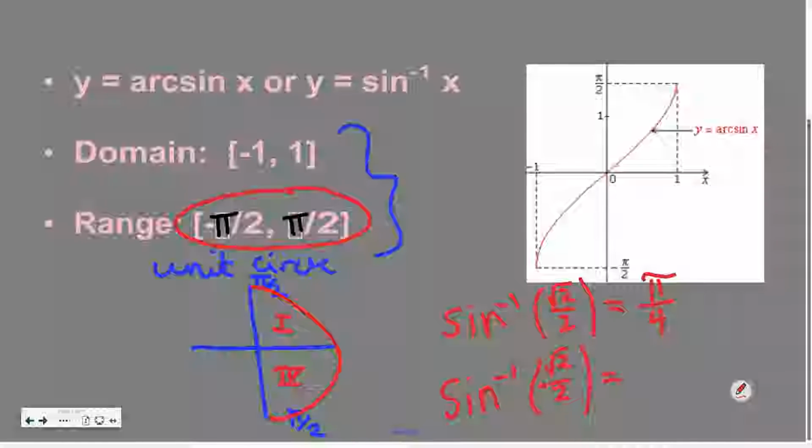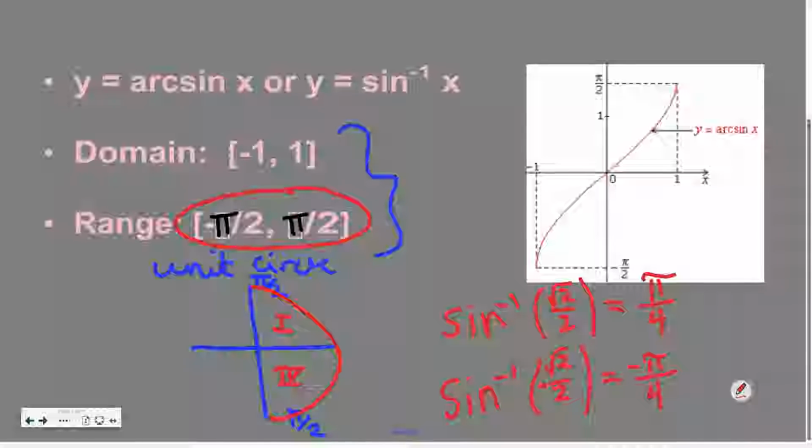I know that 7 pi over 4 is in the fourth quadrant, but it has to be in between these values. So instead of 7 pi over 4, we would say negative pi over 4. Your answers to inverse sine are either going to be rotated up into the first quadrant or negative in the fourth quadrant.